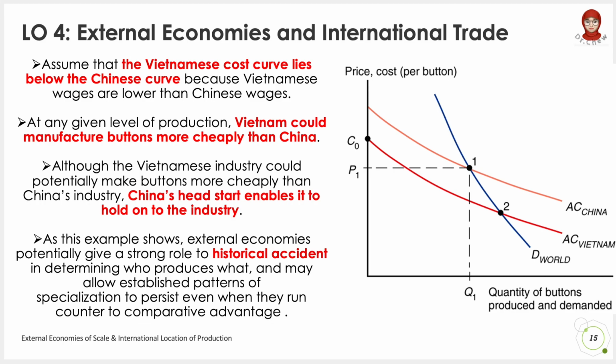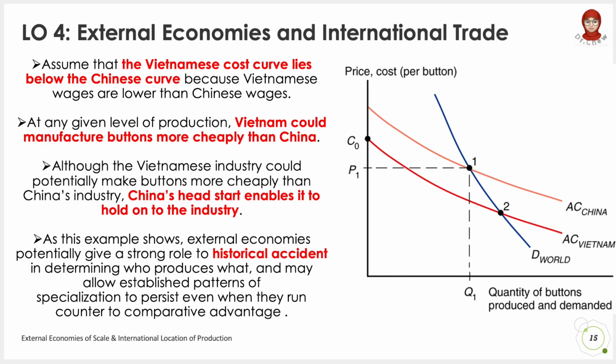As we have drawn it, this cost is above the price at which the established Chinese industry can produce buttons. So, although the Vietnamese industry could potentially make buttons more cheaply than the Chinese industry, China's head start enabled it to hold on to the industry.